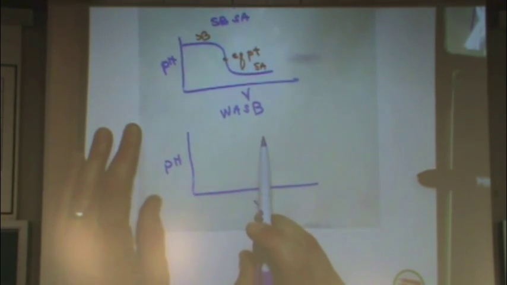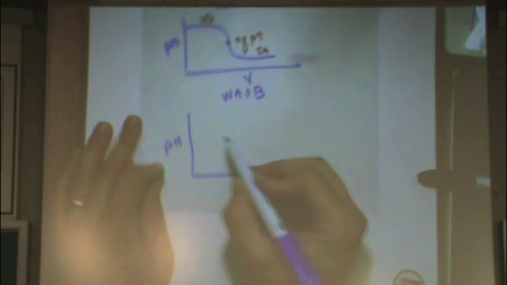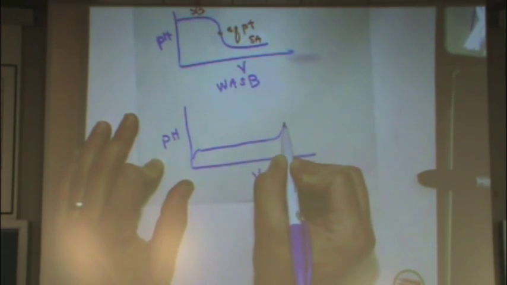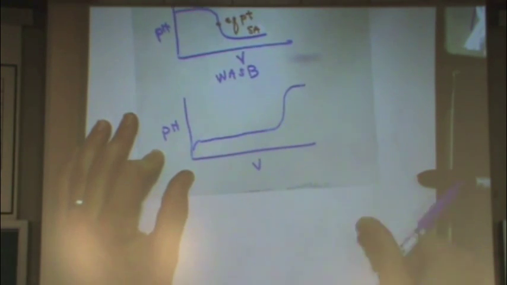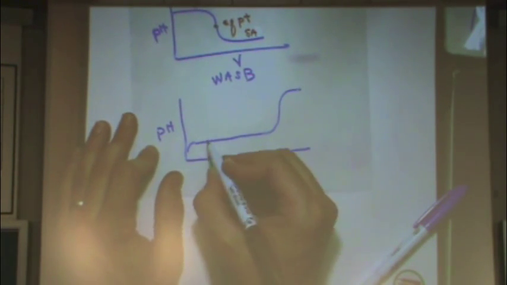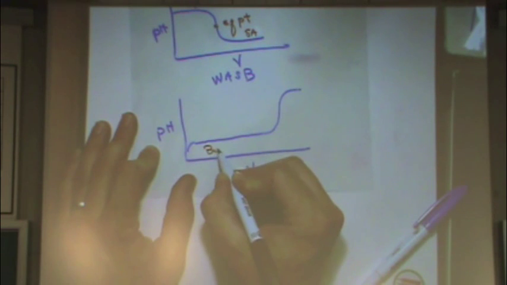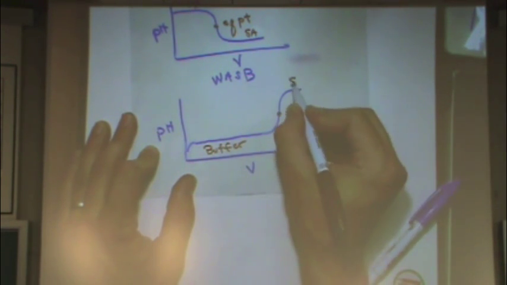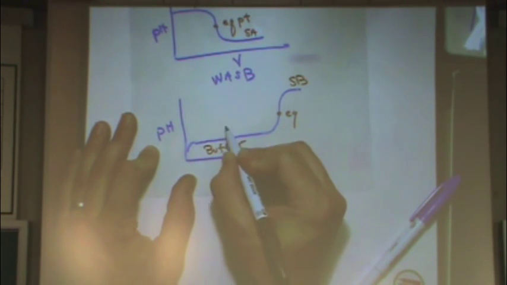Probably be starting off somewhere around 2. Okay, so you get a little hump, a very long flat region, and then the S curve comes. So this one is not symmetrical. This is the buffer region first. Here's the EQ point, and then we've got the strong base region, and this is the midpoint.